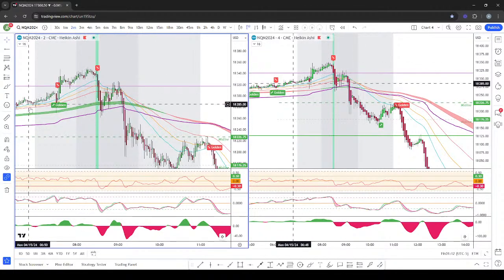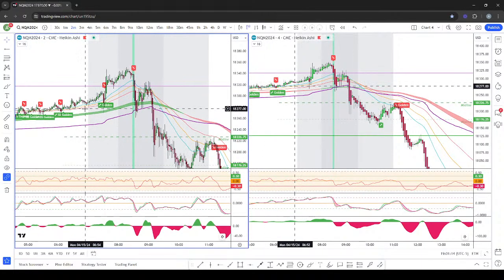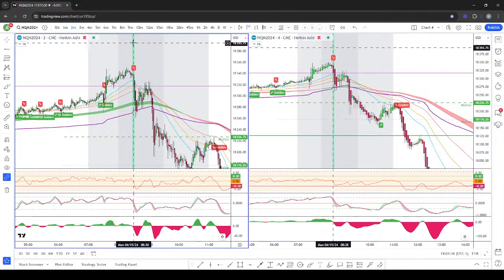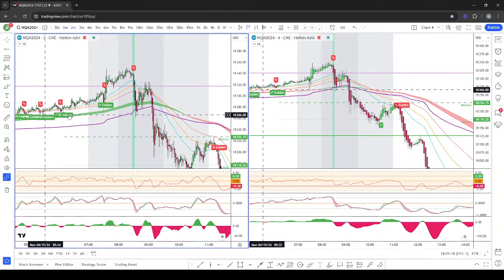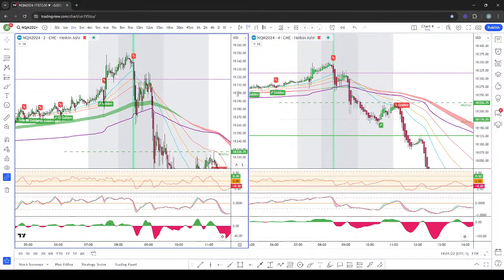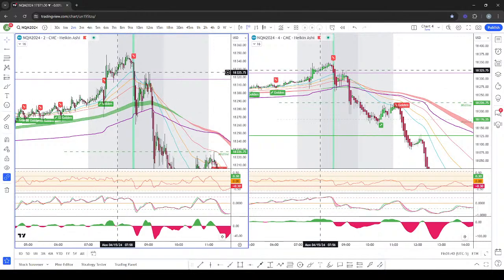So on Nasdaq, right before the New York Open, which is this green bar that you see right here, price is moving up, as you can see, and I love this sequence that I have right here, which is the VWAP, the 200 EMA cloud, and then the EMAs, the color sequence is the red, orange, and teal color.